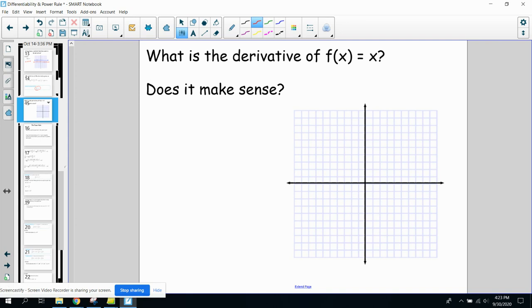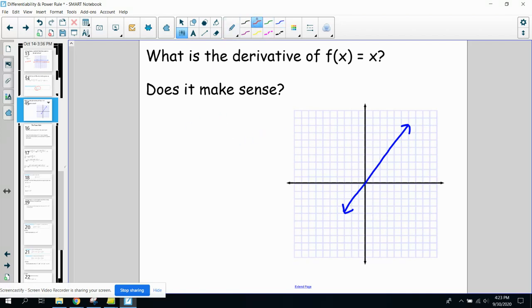What is the derivative of f of x equals x? So again, I'm just going to draw a really bad graph here. So f of x equals x is just the line y equals x. Pretend that that is actually correct. Okay. So if I wanted to find the slope at any point on this line, it's going to have a constant slope, and we can see that the slope of this line is 1.